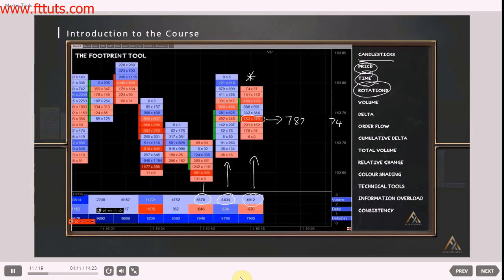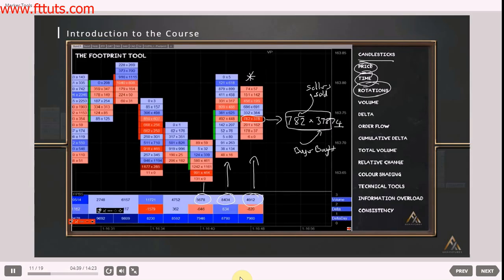So what we've got here is 782 times by 378. Now, all this represents, on the left side, is simply what the sellers have sold at price point 74. On the right side, we have what the buyers have bought at price point 74.